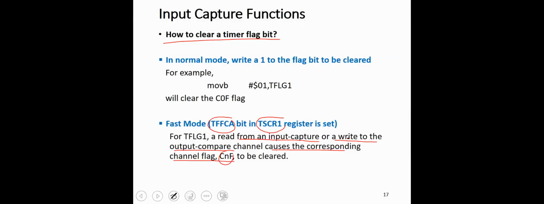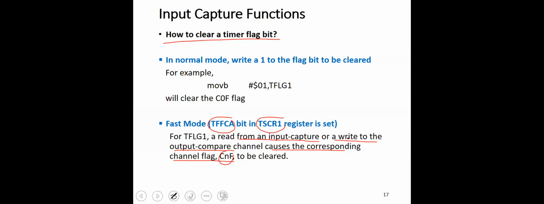This is useful because, say you are talking about input capture and the event occurs, so the time is captured and stored in the corresponding capture register, the TC register. Assume that you want to read this value in your program and at the same time clear the flag.